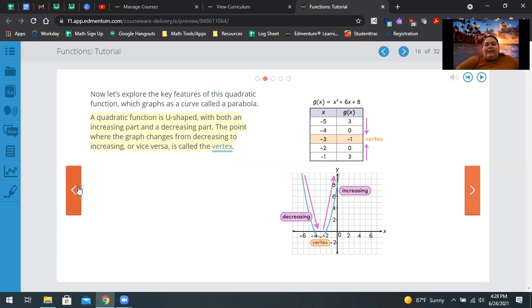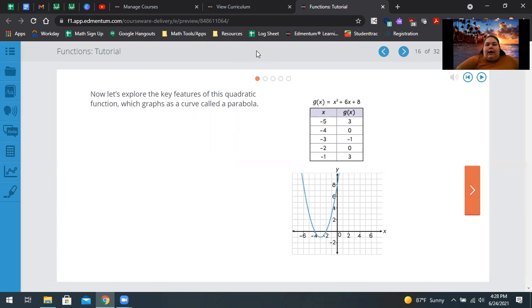Before I click on this, how do we find the vertex here? By looking at the table, you're going to focus on g of x, or the output values, and find that middle number where the one above it and below it repeat.